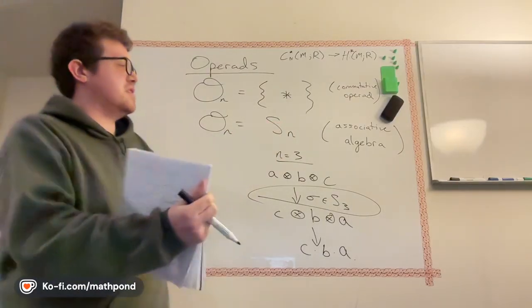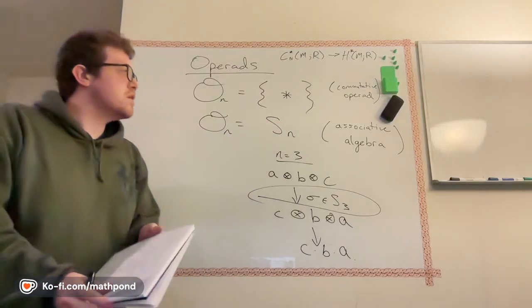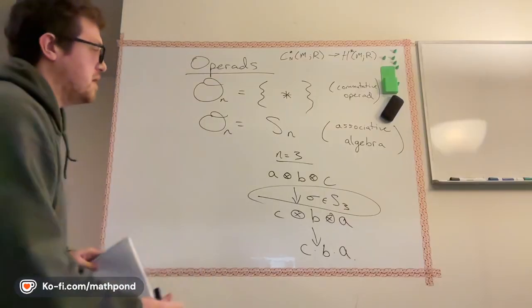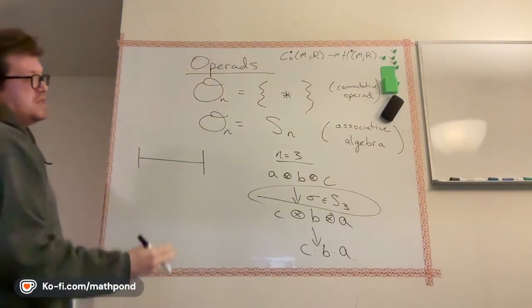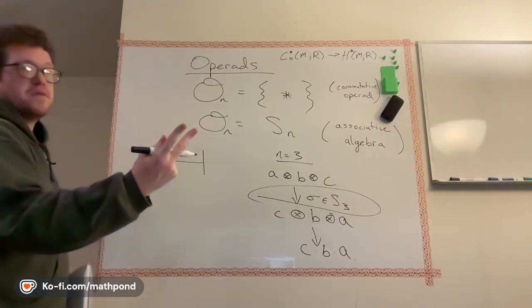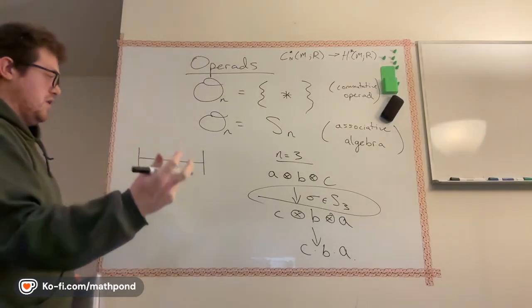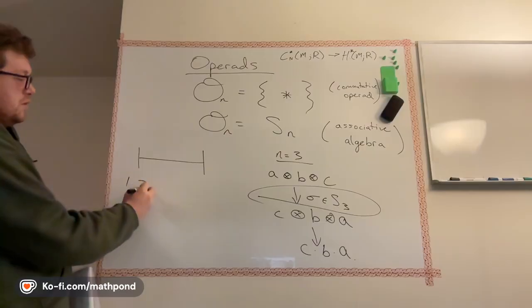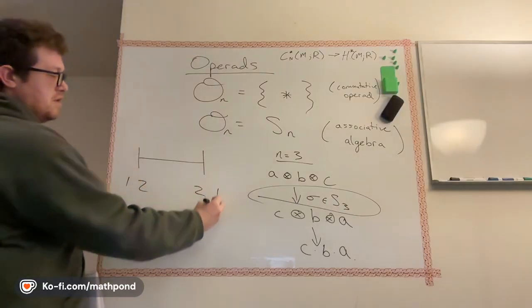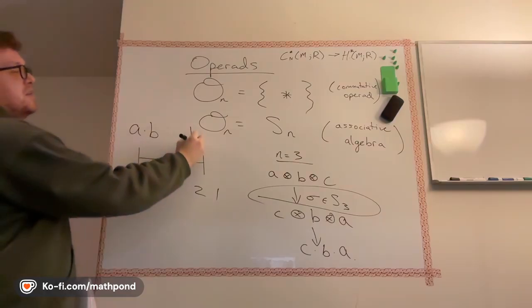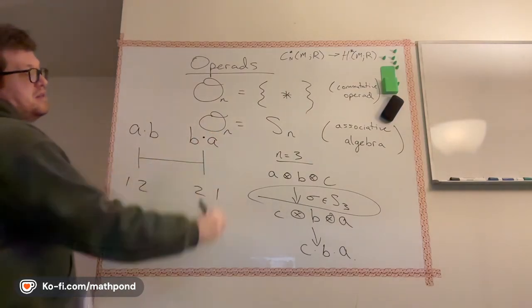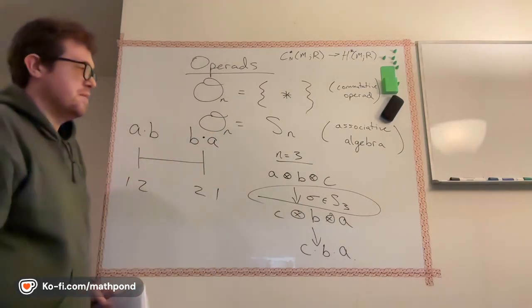For instance, the simplest case would be you just have two permutations connected by a line. So let's say we have two different ways to multiply two things. We have 1, 2 and 2, 1. So I can multiply things like a times b or b times a if I have an associative algebra.